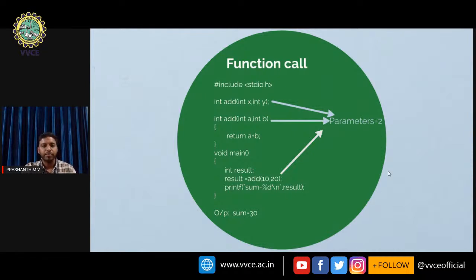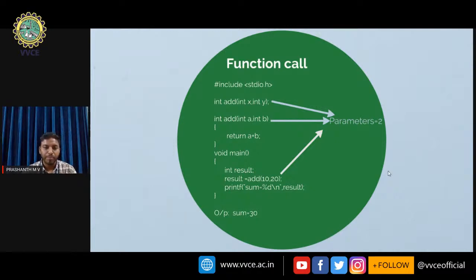From this particular example, as I said, the program starts from #include <stdio.h>, that is the header file. Followed by that, you have a function declaration. As you can see, the type is int, fname is add, and the parameters I have given are int x, comma, int y.